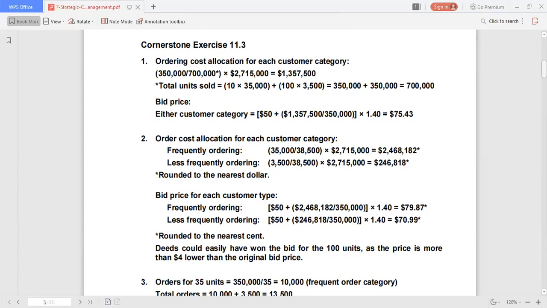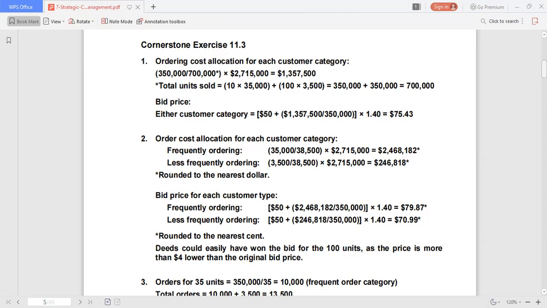The 350,000 is the result of multiplying sales orders 35,000 times 10 for the frequently ordering customers, and another 100 orders times 3,500 for the less frequently ordering.